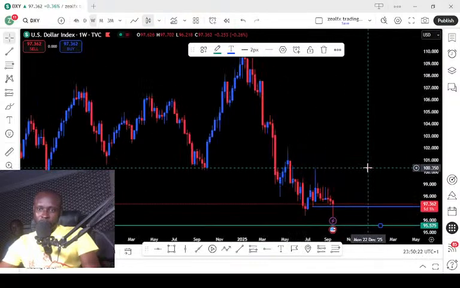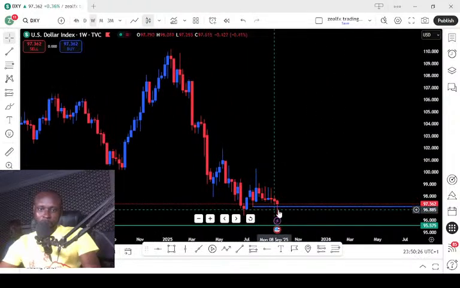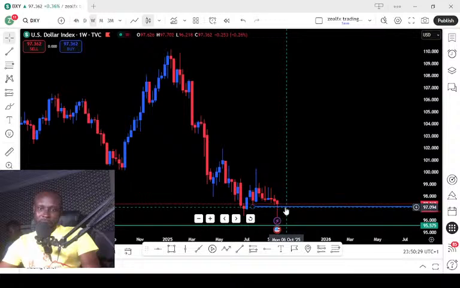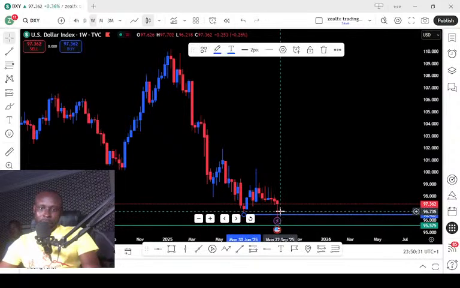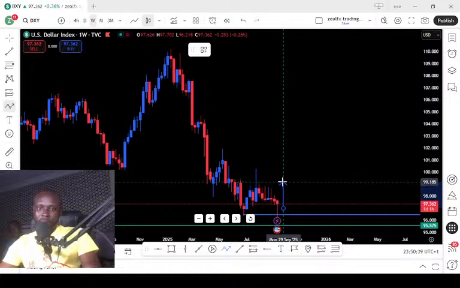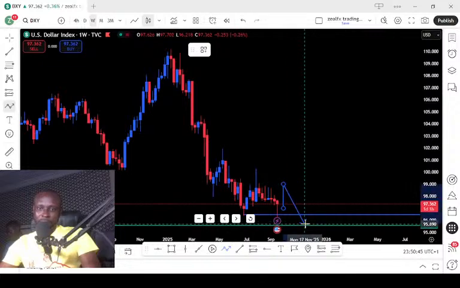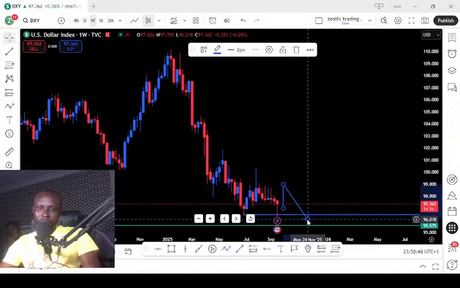But currently we have price also on a support level, on this particular weekly support level. A fail of price above this level, price closing above this level on the weekly chart, we might see the DSY resuming uptrend back to this resistance area. If we can see a break of this resistance, we might see up, but if price fails, we might see price resuming downtrend back.